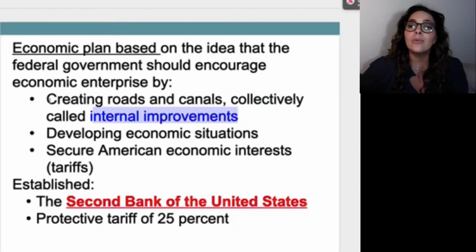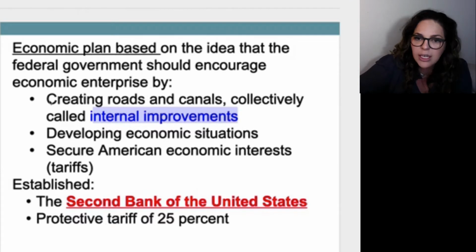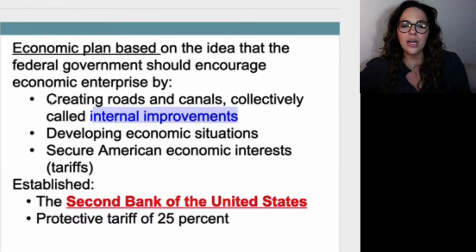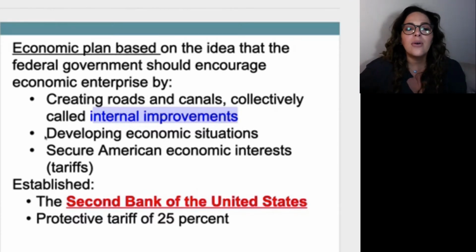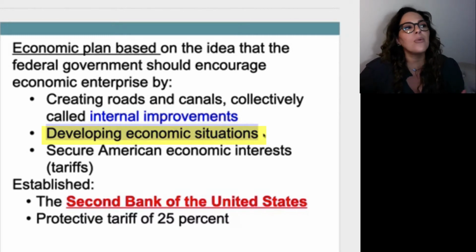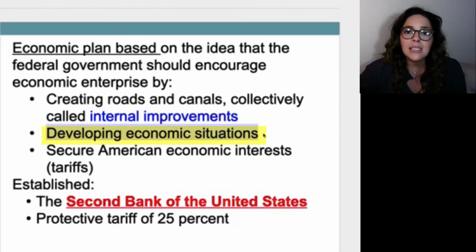They're talking about roads and canals, transportation. Who should pay for it? The government, okay? So the other thing as well is developing economic situations that would benefit businesses, that would benefit the American people, that would benefit the American economy. And so, again, we're talking about government spending, government money.